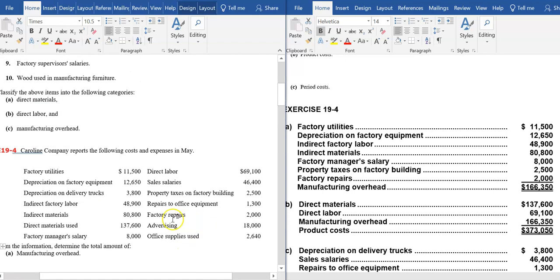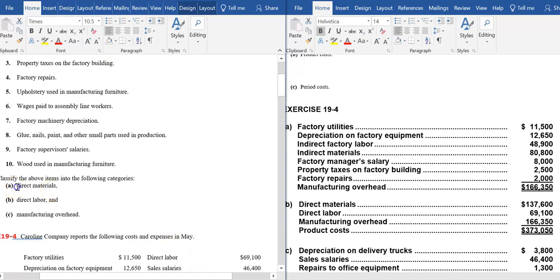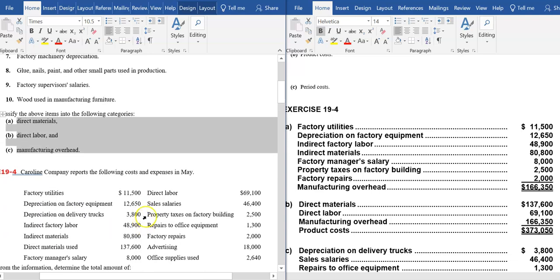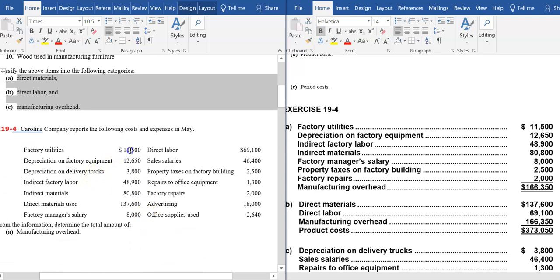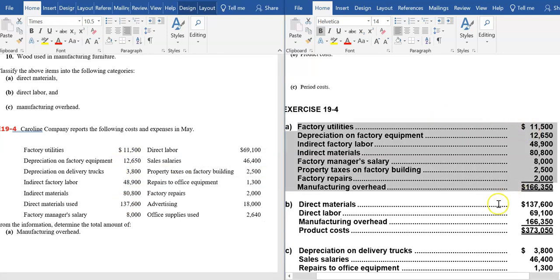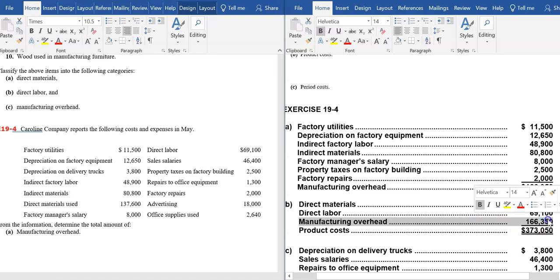Remember, product costs are three types: direct materials, direct labor, and manufacturing overhead. We went through here and identified all of the manufacturing overhead already, and we added all of those up. Total manufacturing overhead, $166,350. The other two costs we need to identify are the direct materials and the direct labor.